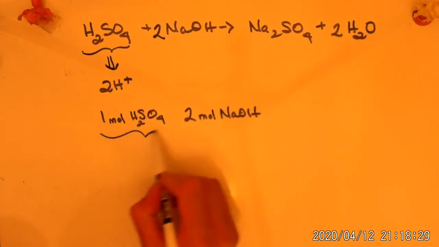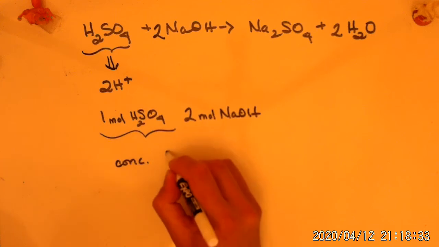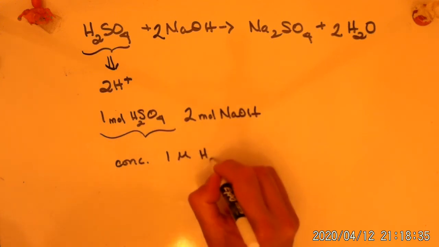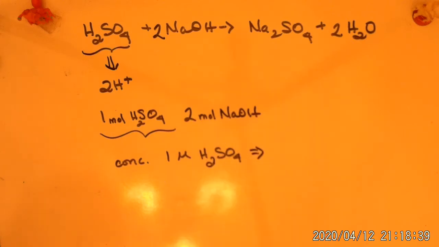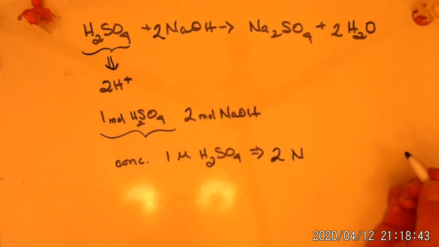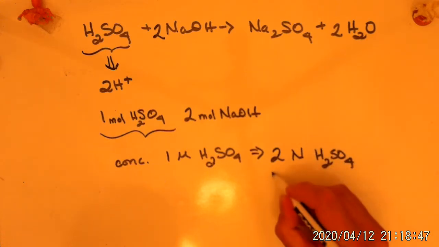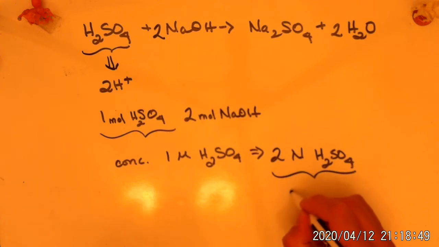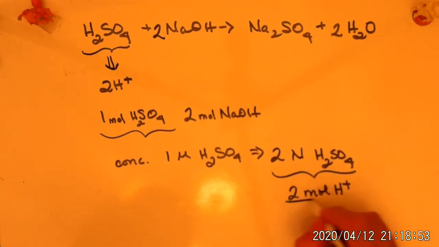So if I gave you a concentration of 1 molar sulfuric acid, it means that I get 2 normal sulfuric acid. In other words, I get 2 moles of H plus for every 1 liter of solution.